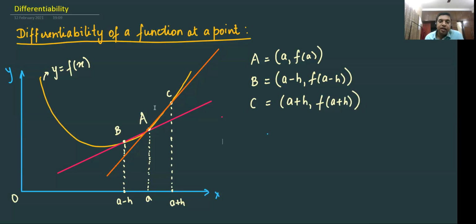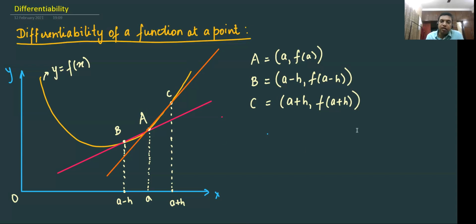If you join two points with a line segment, it will be called a chord. And if you extend that line segment on both sides, it is called the secant.